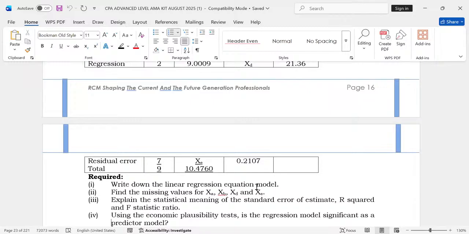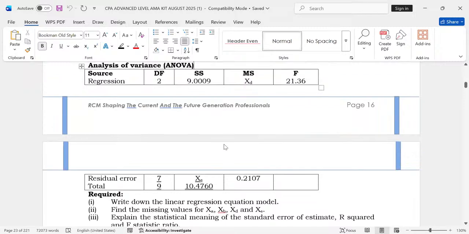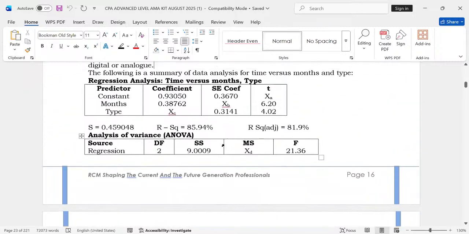So if it is a regression equation, I know I'm going to use the coefficients. These ones here, isn't it? Yeah, the coefficients. These are the two predictor variables. So my y will be a plus b1 x1 plus b2 x2.